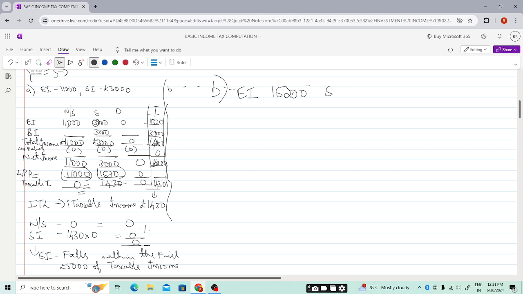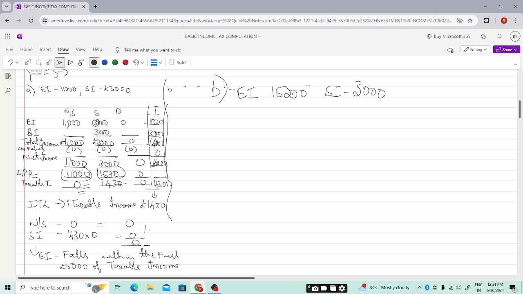Then saving income was 3,000. We applied here the 5000 rule. The 5000 pound rule says saving income must fall within the first 5000 of the taxable income. What is our total taxable income? 1430. So our saving income is falling within the first 5000 pounds.